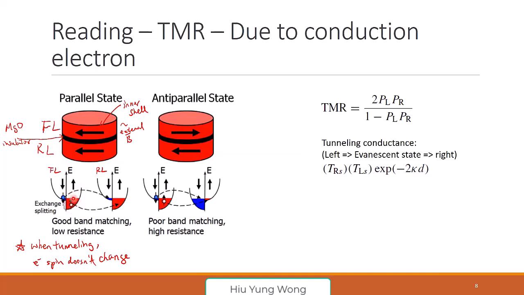So I have more electrons pointing up than electrons pointing down. This is okay. The same for the reference layer, I have more electrons pointing up and fewer pointing down. If I want to tunnel, because electron spin doesn't change when tunneling, then only this blue one, the pointing down one, has to go to the pointing down location.